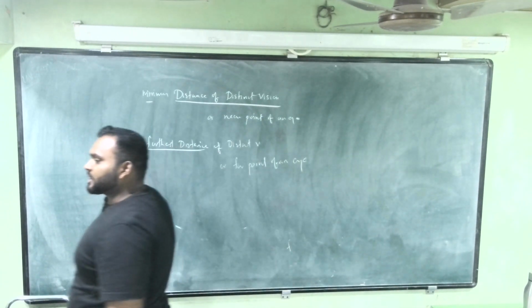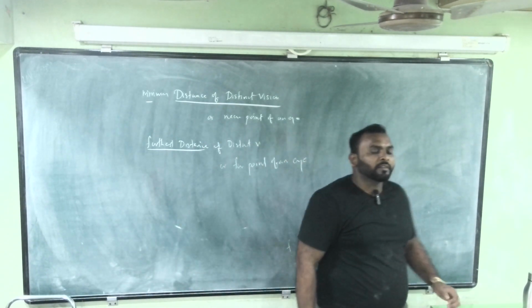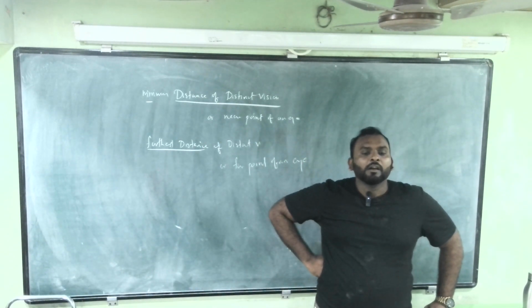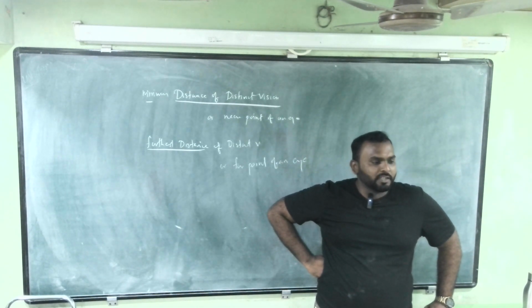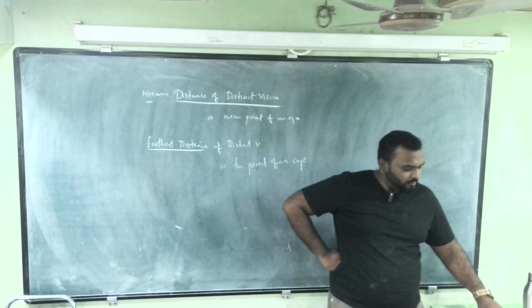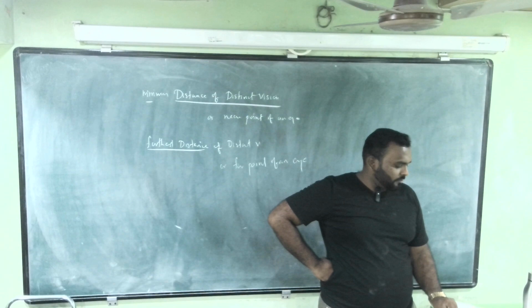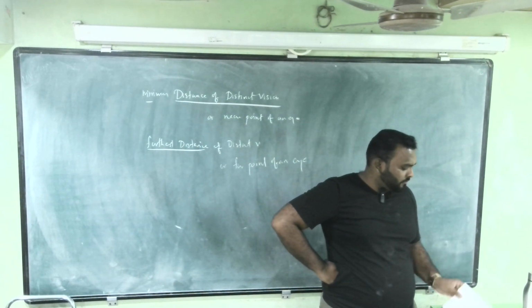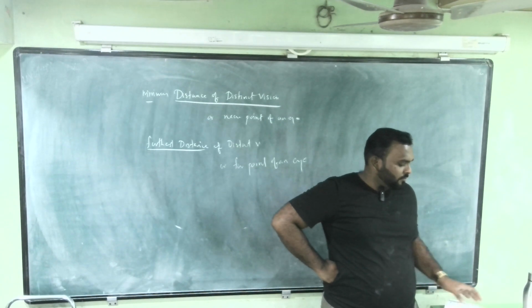What is farthest distance of distinct vision? The farthest distance of an object from an eye at which the object can be seen clearly and distinctly without any stress on the eye is called farthest distance of distinct vision.